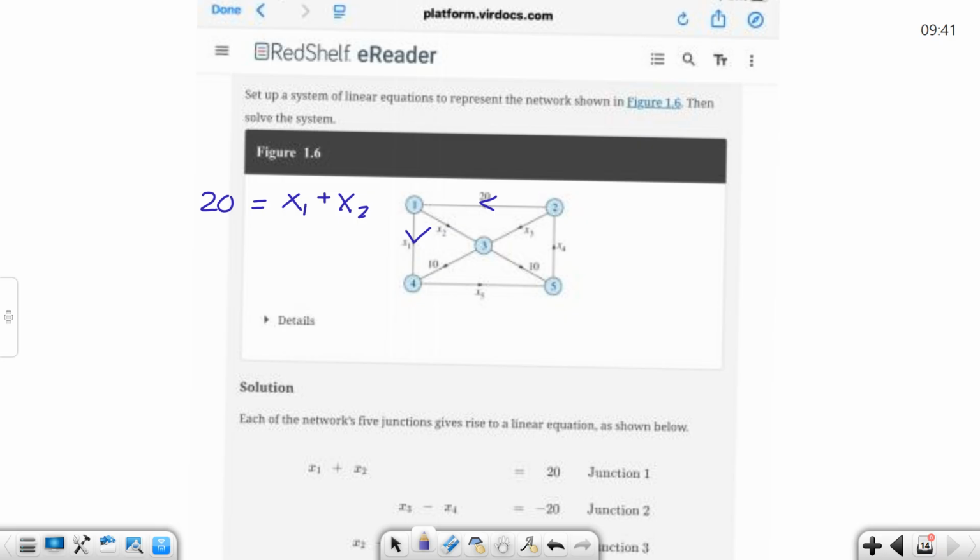that junction box. Okay, so if you look at box 2, X4 is coming in, and X3 is coming out. Okay, so for this one, 20 and X3 are coming out, and X4 is going in.